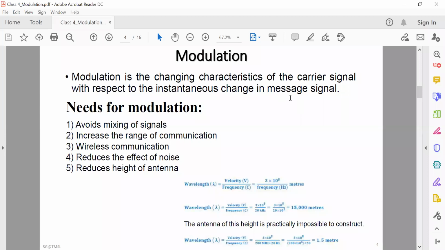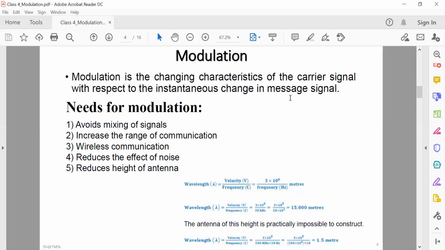Or in a simple way, it is the process of mixing a low energy message signal with the high energy carrier signal to produce a new high energy signal which carries information to a long distance.